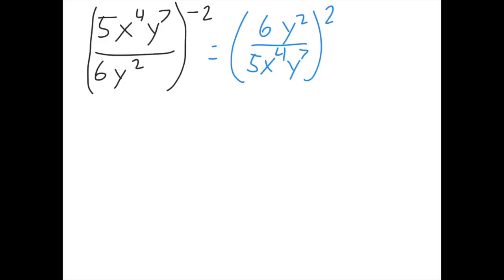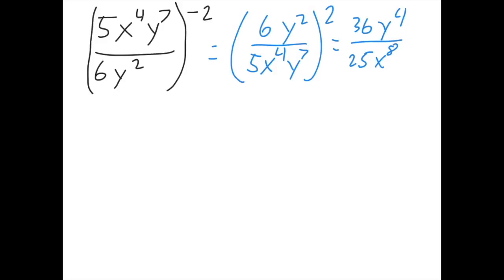Then you need to raise everything to the second power. So 6 squared will give us 36. y squared squared, remember, add the exponents: y to the 4th. 5 squared is 25. x to the 4th squared, 4 times 2 is 8.